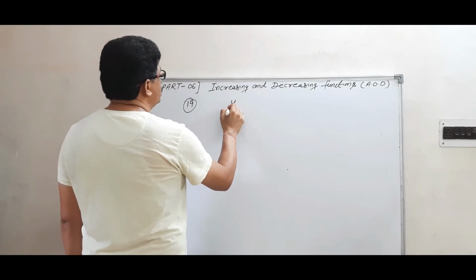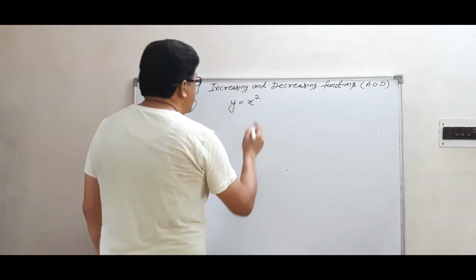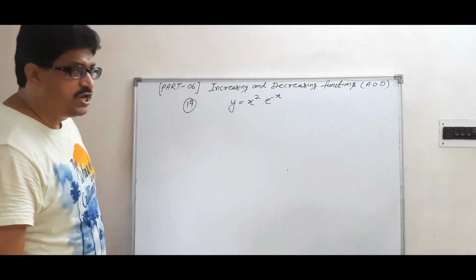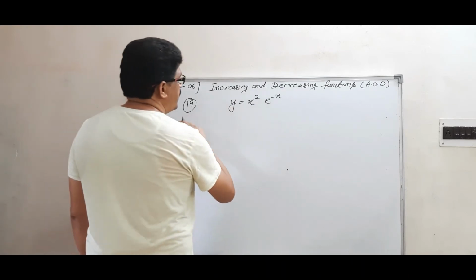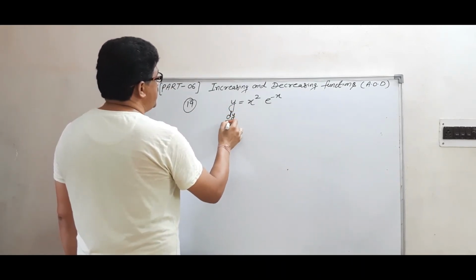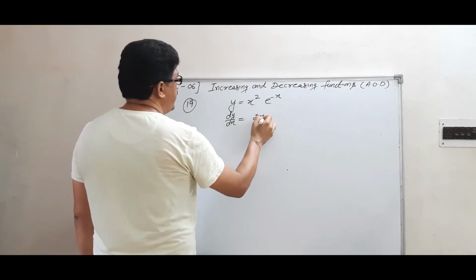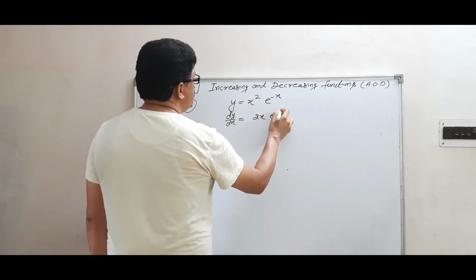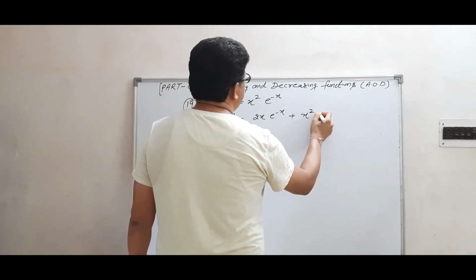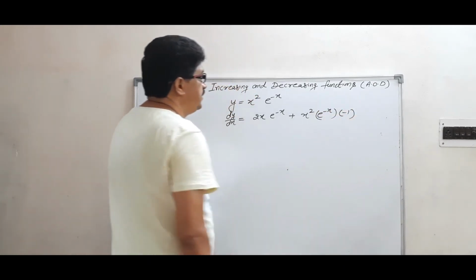Y is equal to x square e raised to minus x. Y is equal to x square e raised to minus x, dy by dx is 2x e raised to minus x plus x square e raised to minus x into minus 1.